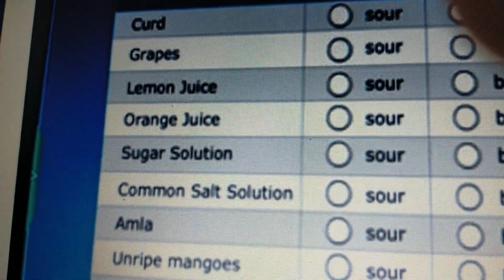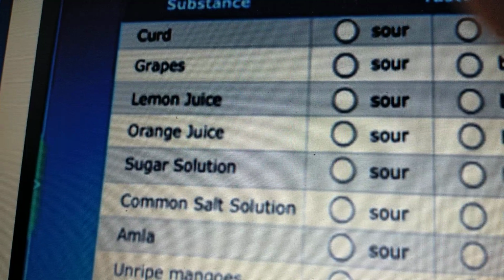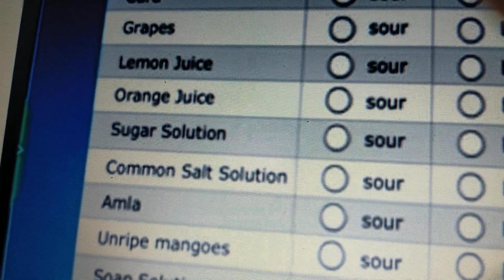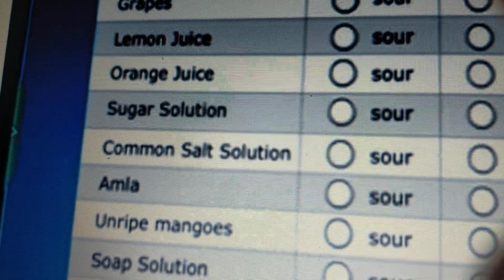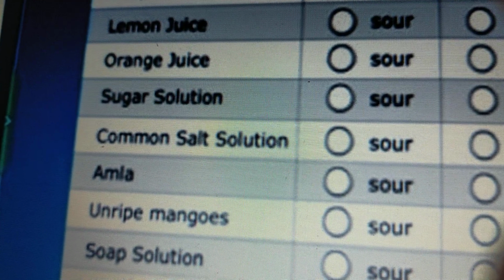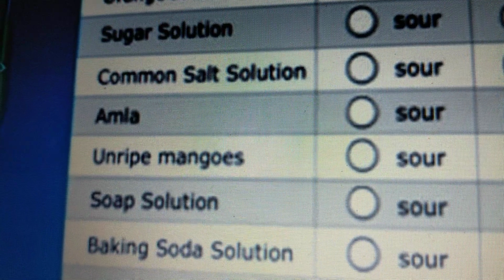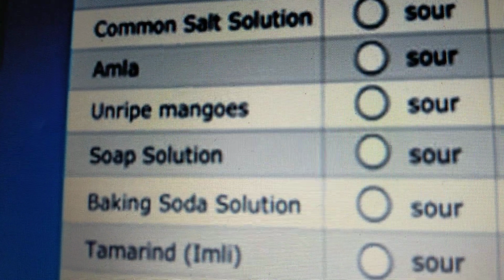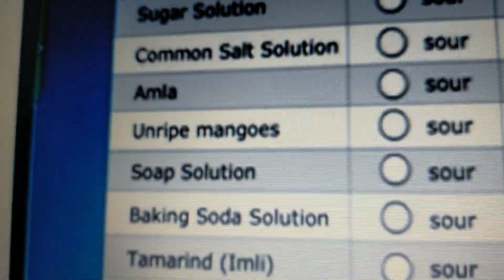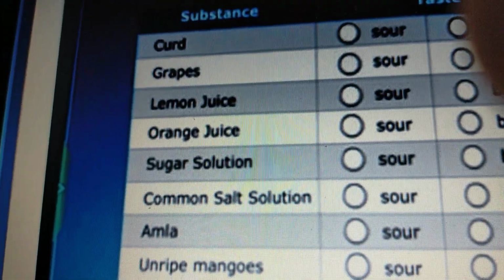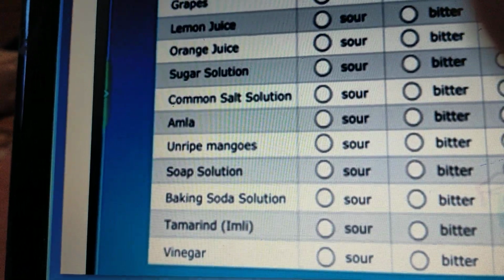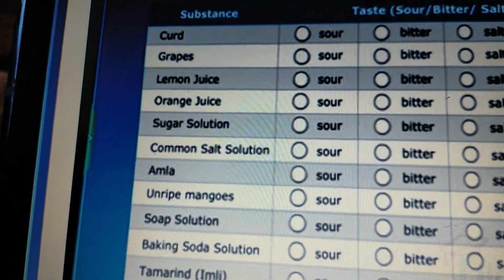So have you all seen these substances? Again I am repeating: curd, grapes, lemon juice, orange juice, sugar solution, common salt solution, amla, unripe mangoes, soap solution, baking soda solution, tamarind, vinegar. Please go through it, students. And then I am telling you what will be the answer.